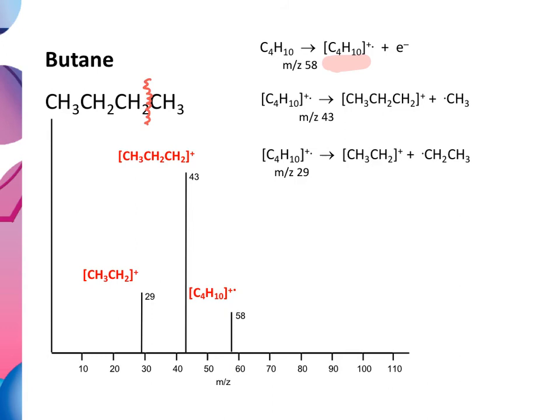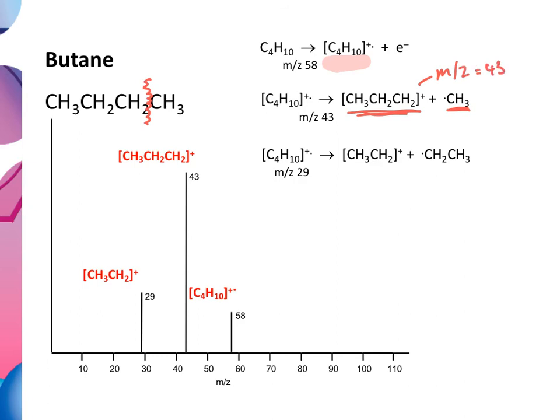In this example, we're ending up with a methyl free radical, and we're also ending up with a propyl ion. It's the ion that's going to get detected because it's the ion that's going to have an m/z value, and it's going to be 43.